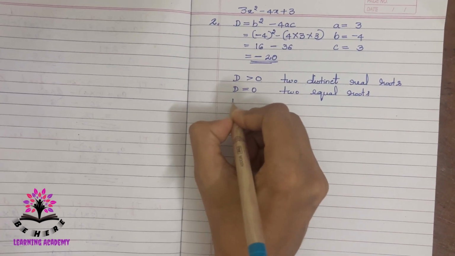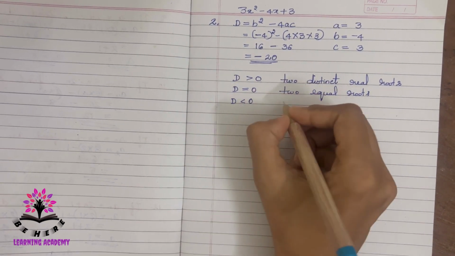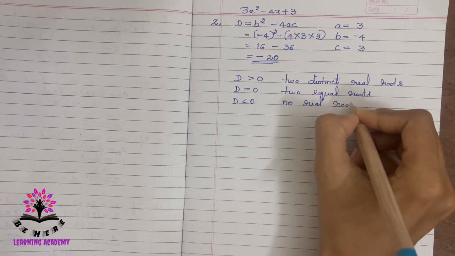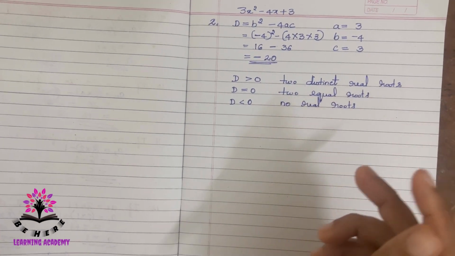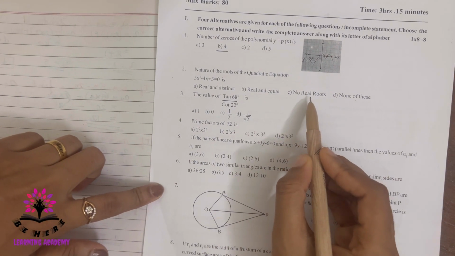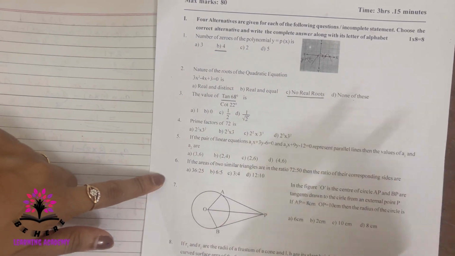But here d is less than 0 because we got the negative answer. So it has no real roots. So the answer for this question is no real roots. Option C, no real roots.